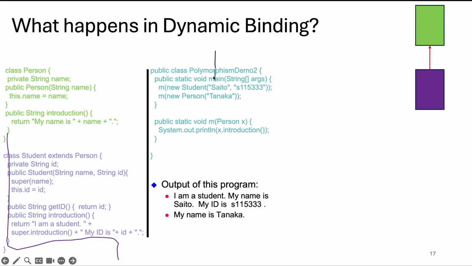In this main function, the compiler visits the first line, where we are creating a new student object with the input parameters Saito and ID S11533. So after reading this line, student is violet color.